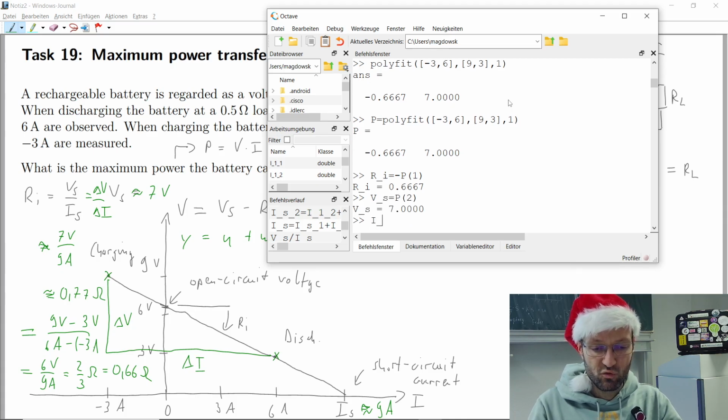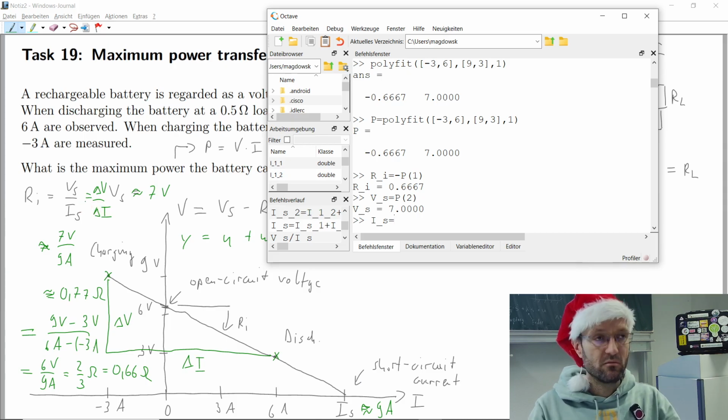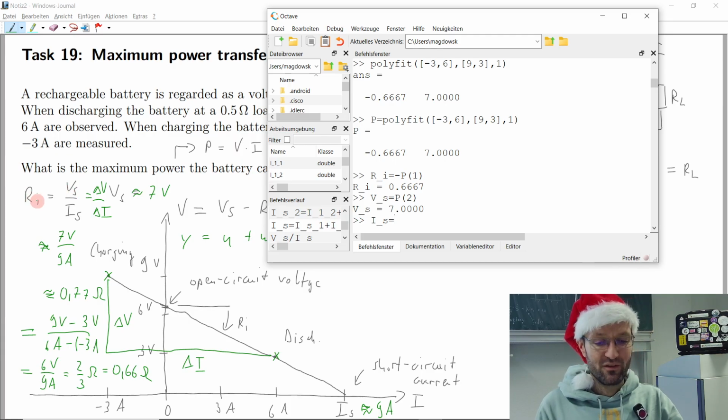And from these two, using this equation here, we could also calculate the short circuit current. How can I calculate the short circuit current? If I rearrange this formula, source voltage divided by inner resistance.